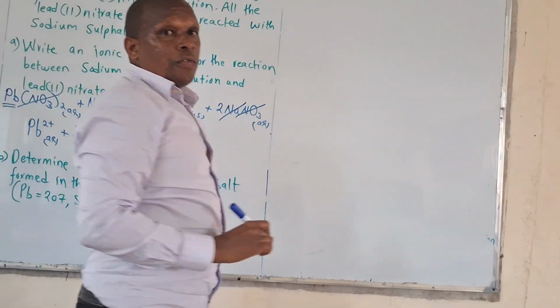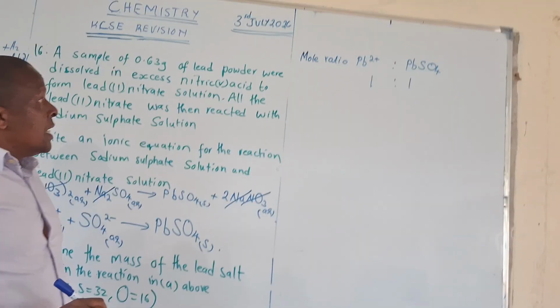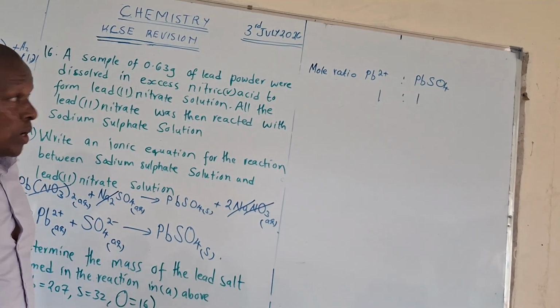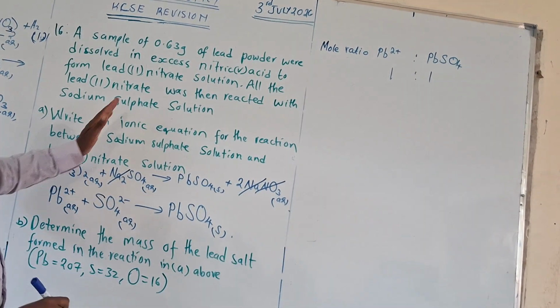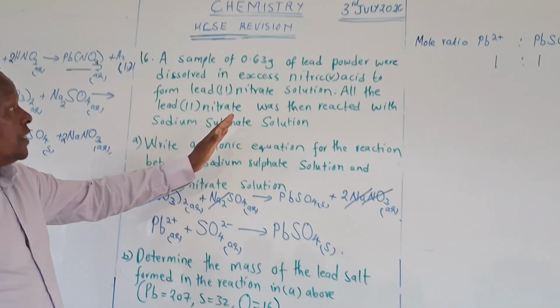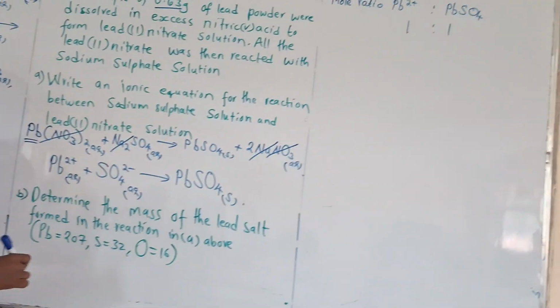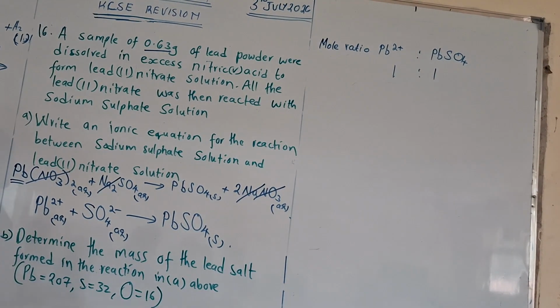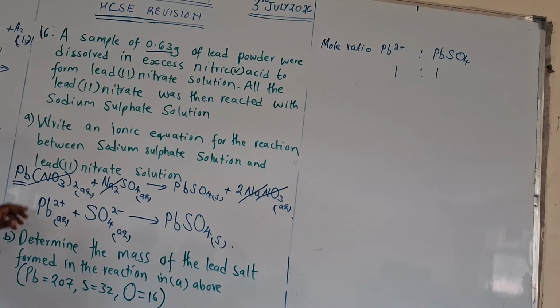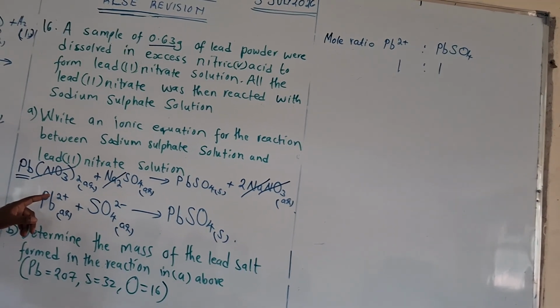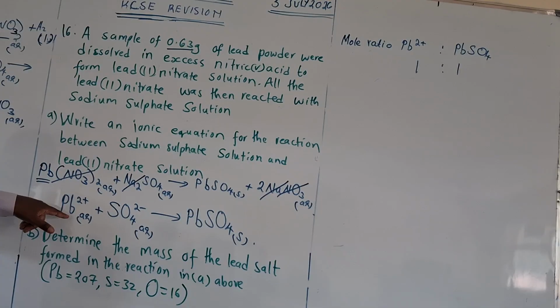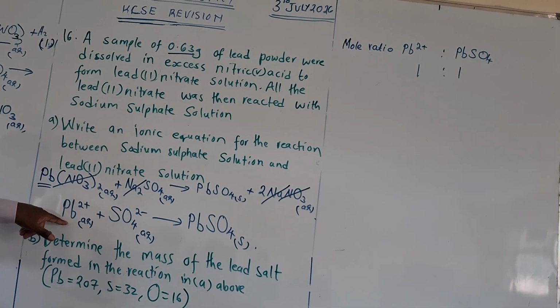The mole ratio of lead sulfate to lead ions is 1:1. So we are going to use the information that we have to get, first of all, the number of moles of lead. The number of moles of lead will be obtained from this 0.63 grams of lead. When you get the number of moles of lead, that is the same number of moles of lead ions.